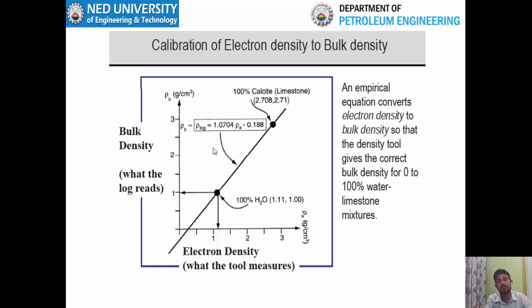This is the work done by the logger that is running the tool inside the wellbore and recording the raw readings, and that person converts the raw data into a readable, conventional form. So as petroleum engineers, we are provided the log responses, and the bulk density is always provided to us with depth.